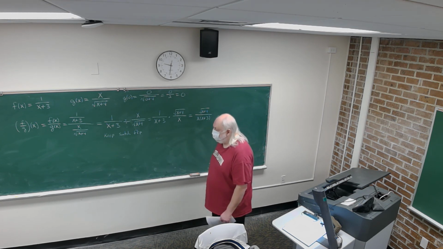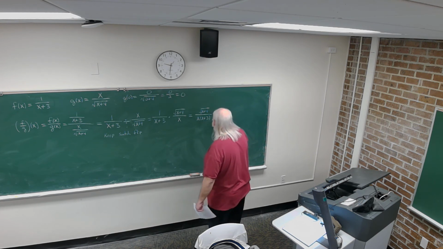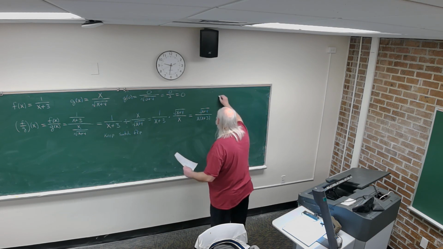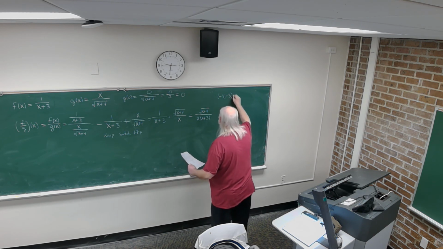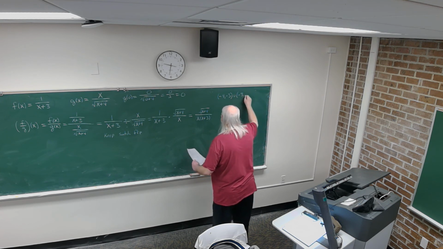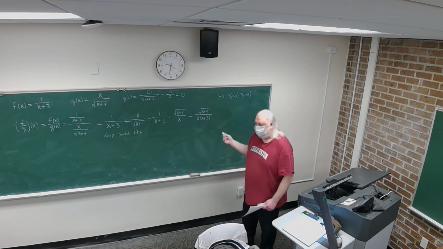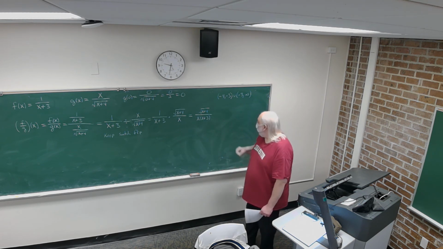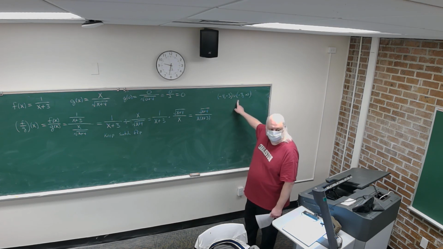So we have to remove 0 from the domains from the previous three parts. We had minus 4 to minus 3 union minus 3 to infinity. That was the domain for f plus g, f minus g, and f times g. But now we have to remove the number 0 from this.